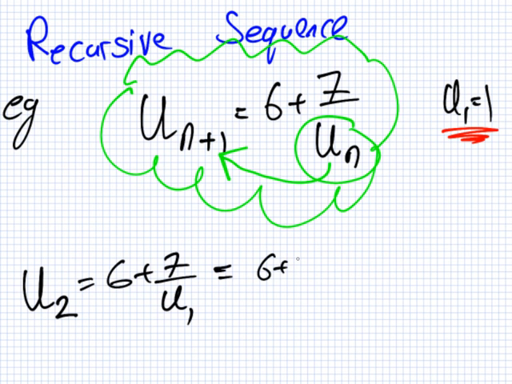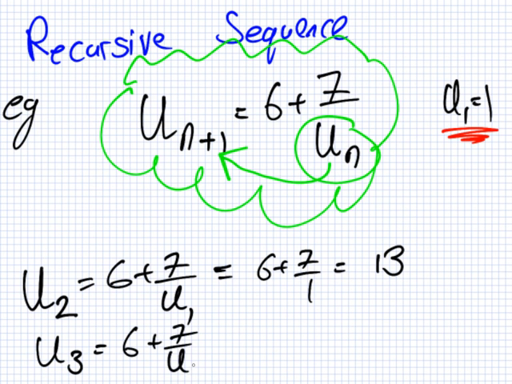So it'd be 6 plus 7 over 1, which would be 13. Now, if you want U3, that would be 6 plus 7 over U2, which would be 6 plus 7 over 13, which would be 85 over 13.